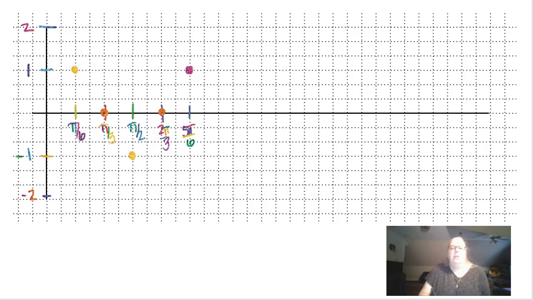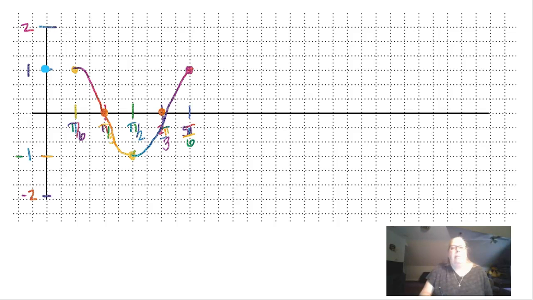So all that's left to do is sketch in the cosine curve, which is going to do something like this. And there it is. Now, how does this differ from the regular cosine curve? At 0, the regular cosine goes up to positive 1.